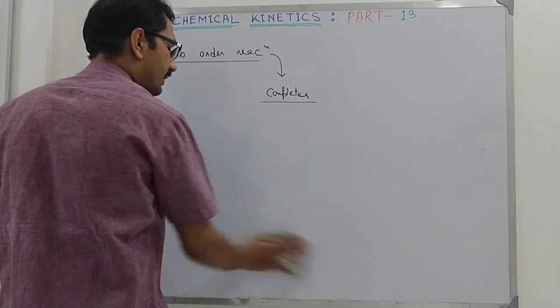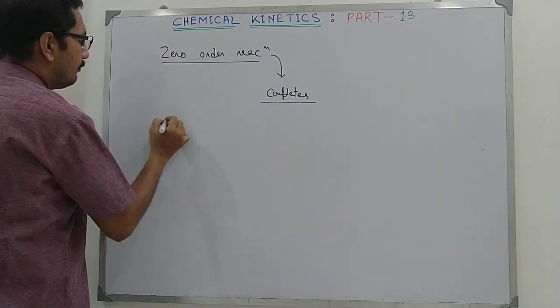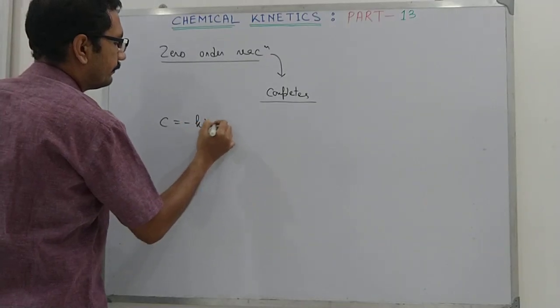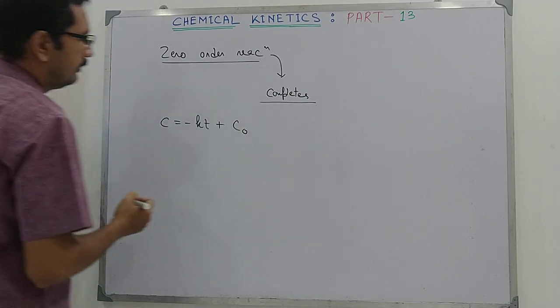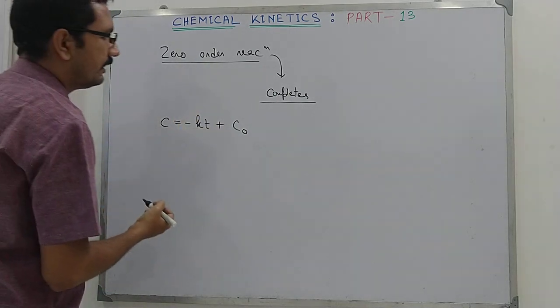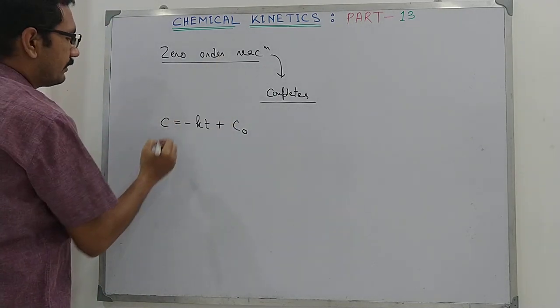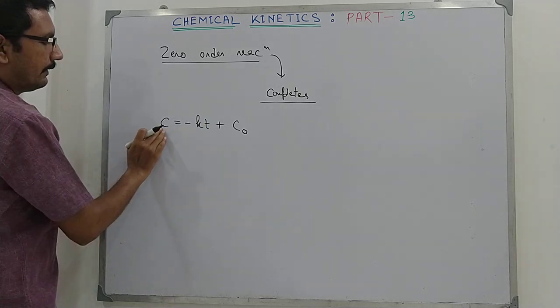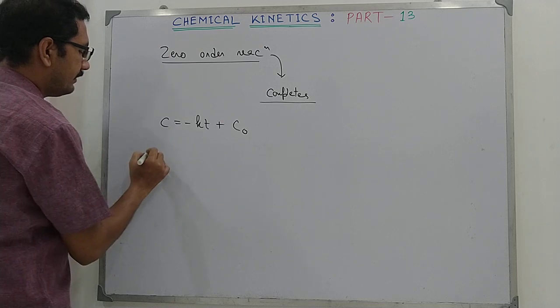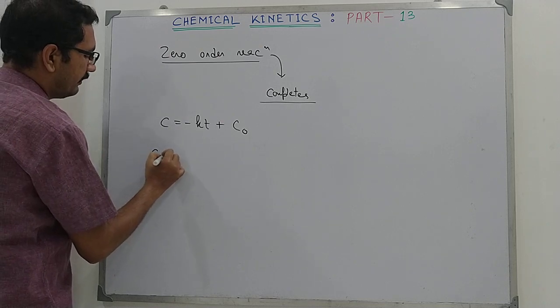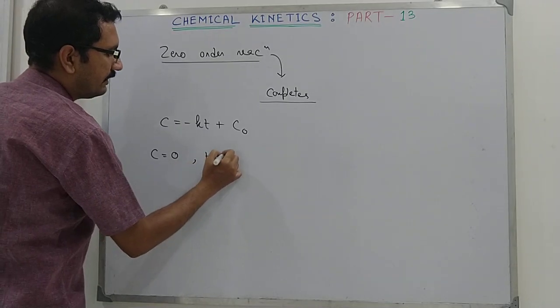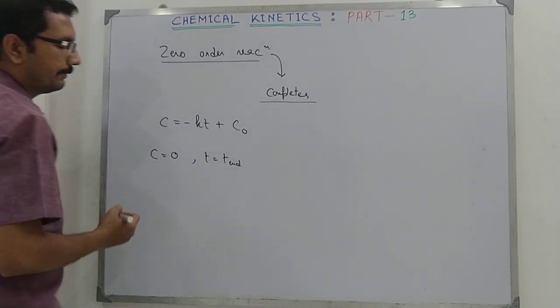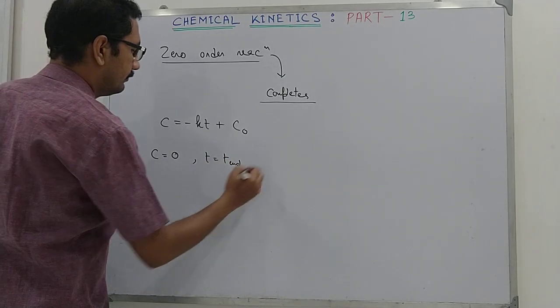So for this we must start with the integrated rate equation. This is the integrated rate equation for a zero order reaction. Now what does complete mean? Complete means there is no reactant in the reaction vessel. So we have at the end C equal to 0 when t equals t at the end of the reaction.